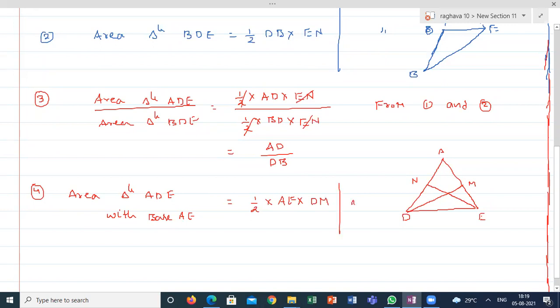The reason is the area of triangle formula, half into base into height. Fifth one: again, I am calculating the area of CED.